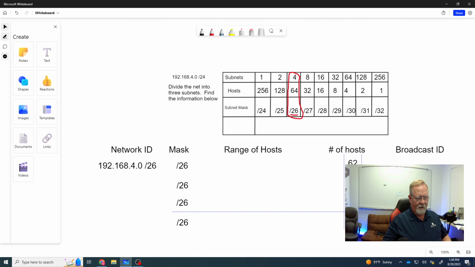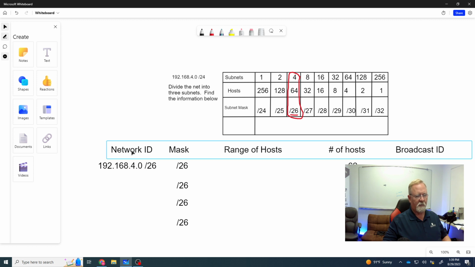So now we've divided up our network evenly into 4 pieces. Each one of those pieces has 64 total addresses. However, only 62 of them are usable. So each section only has 62 usable addresses plus a network ID and plus a broadcast ID. Well, it should be simple then.